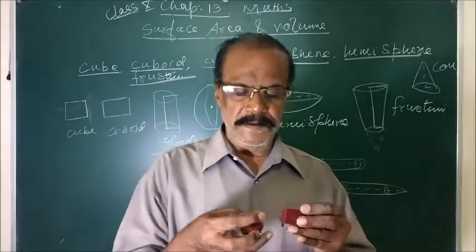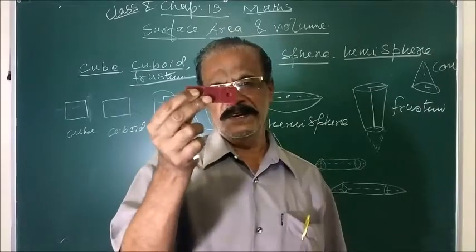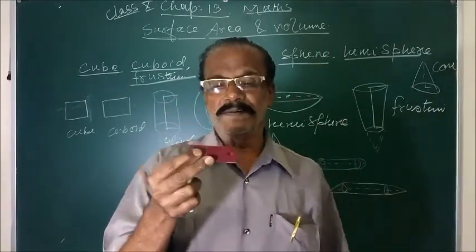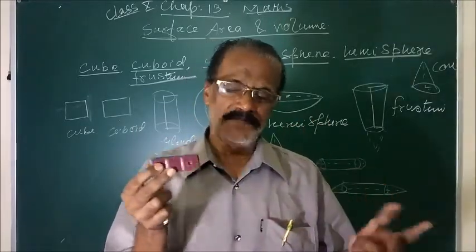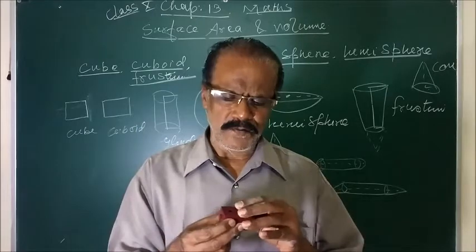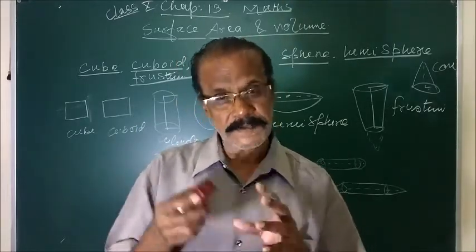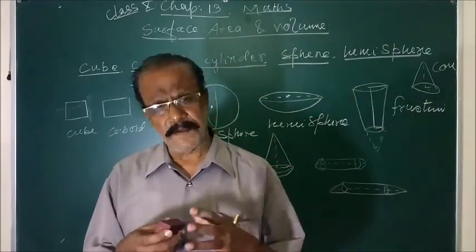If you join these 3 end to end, we observe the length is changing while breadth and height stay the same. So my dear, when 2 or more cubes are joined together, a new solid is formed, that is a cuboid. In a cuboid, length, breadth and height are different.